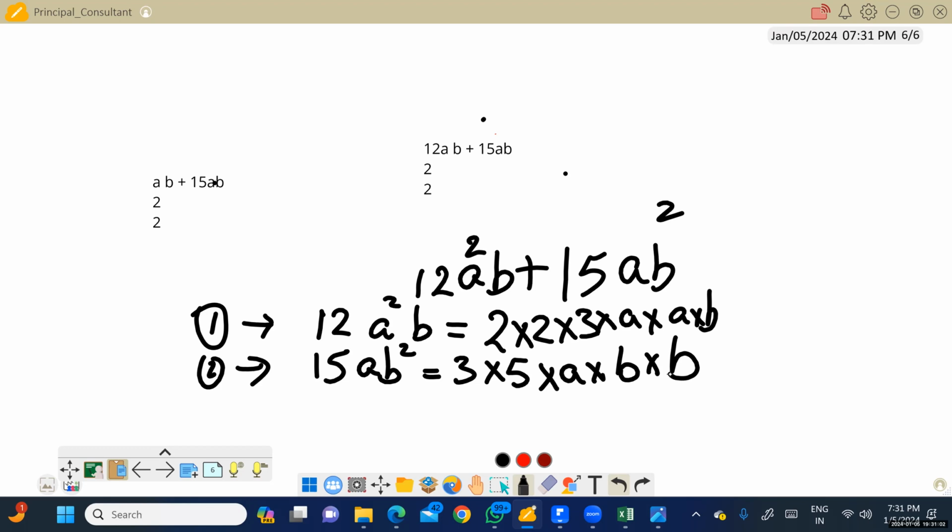Okay, 2 steps. Now, let's say step 3, common factors. Common is equal to 3 into A into B. 3AB, they are common.